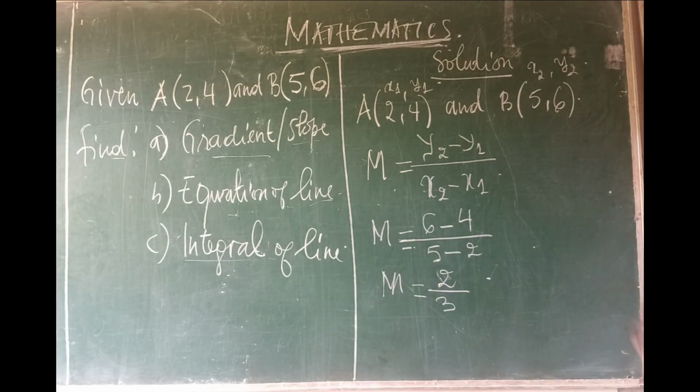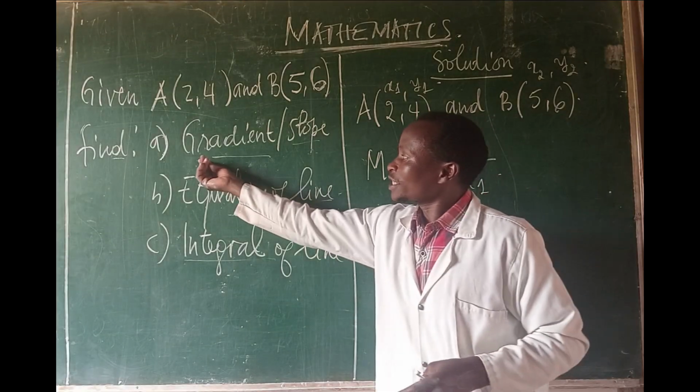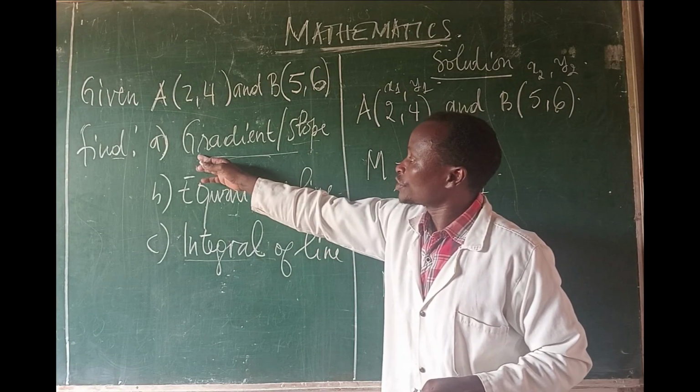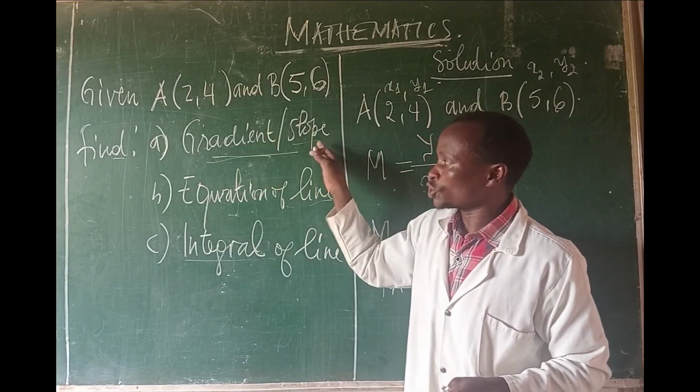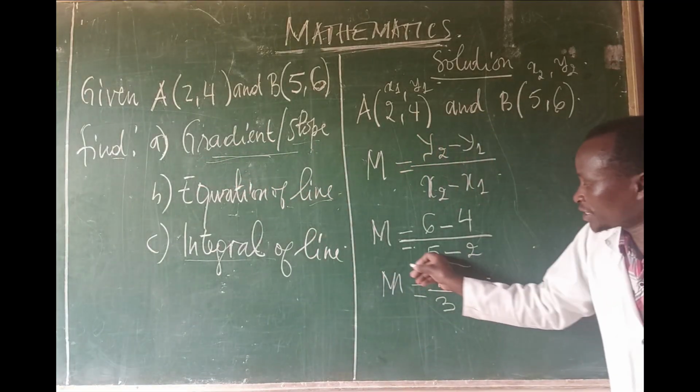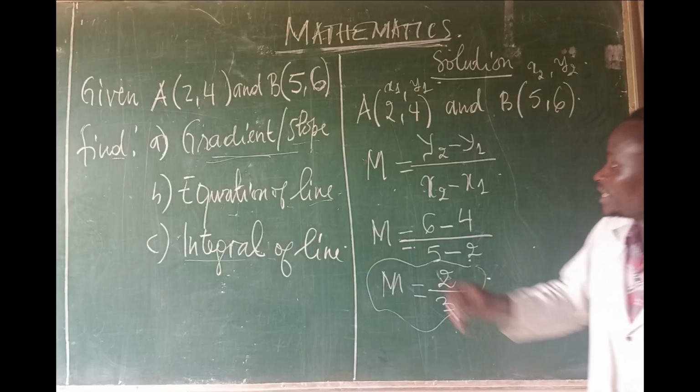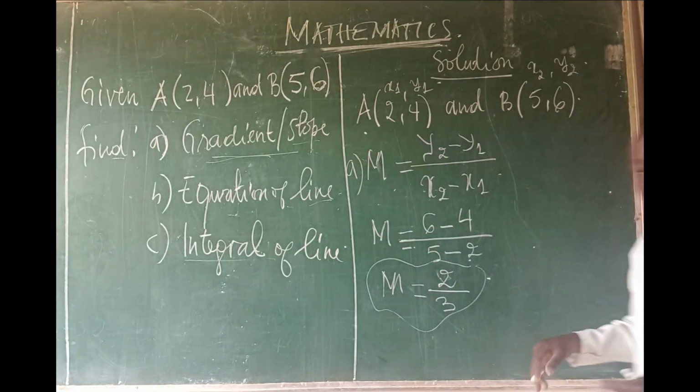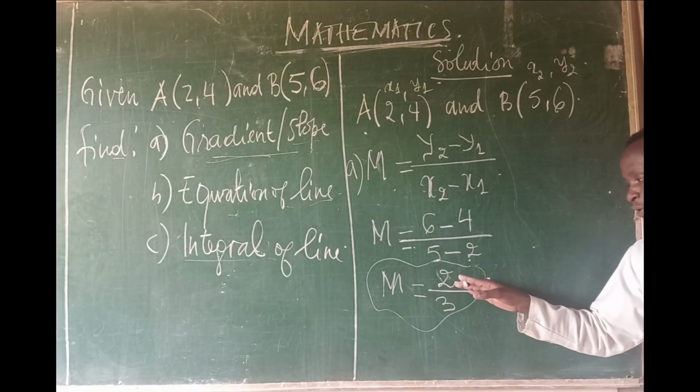That was the first sub-question A, where we were asked to find the gradient. Gradient is equal to 2 over 3.